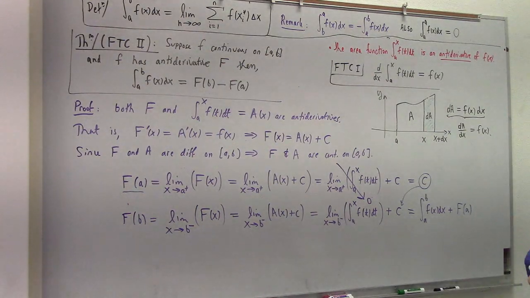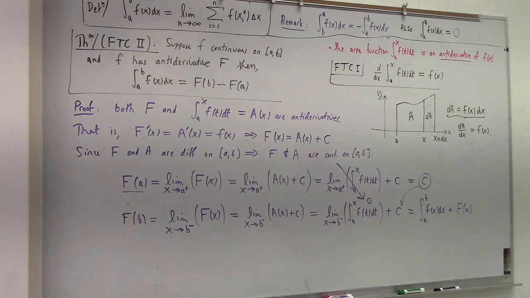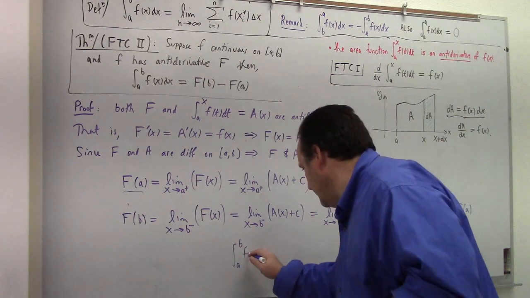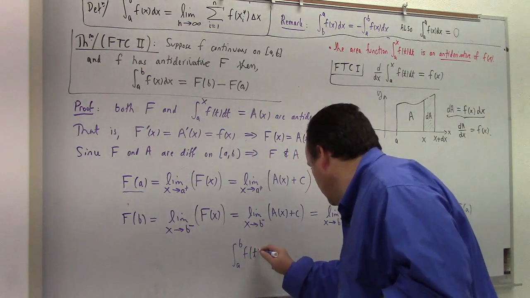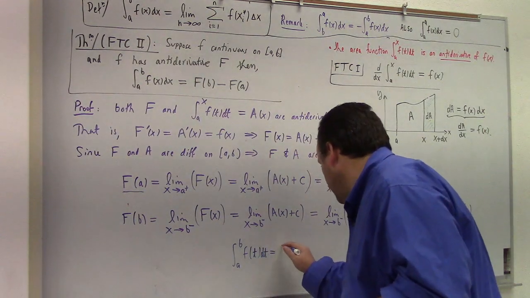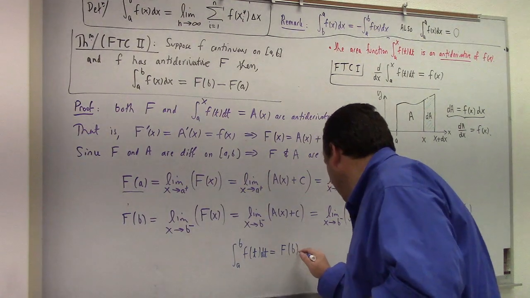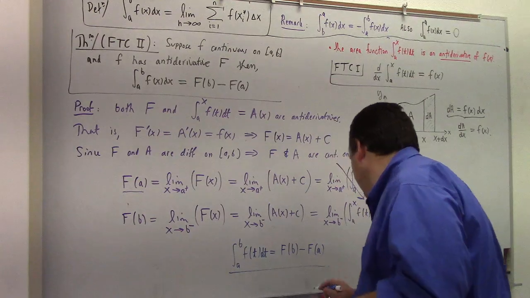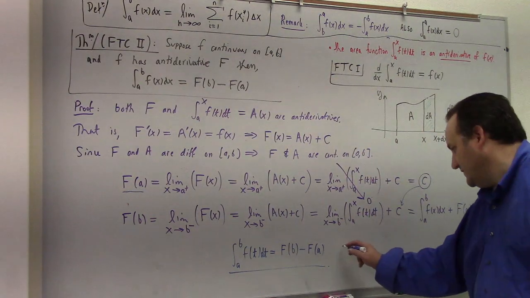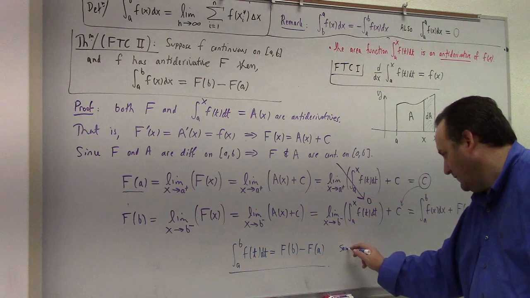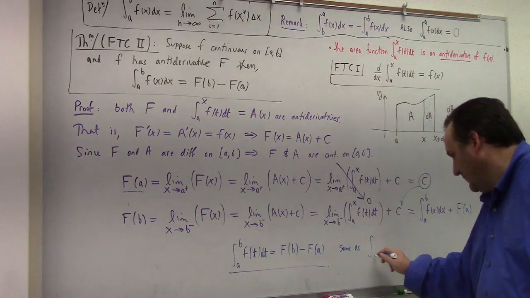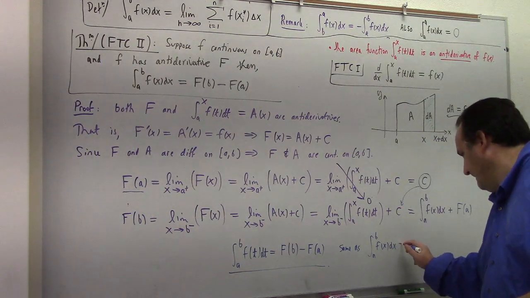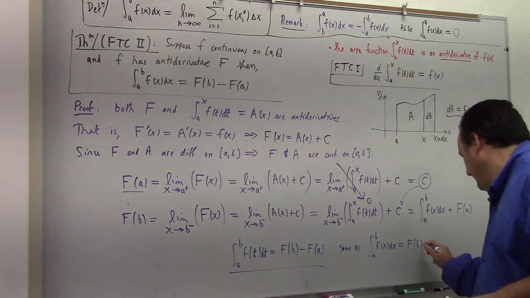And thus we have the integral from a to b of f of t dt equals F of b minus F of a. And by the way, this is the same as saying the integral from a to b of f of x dx equals F of b minus F of a.